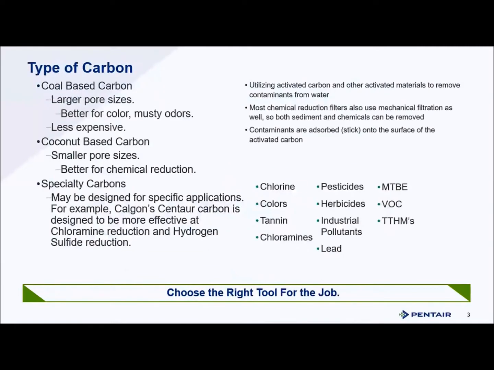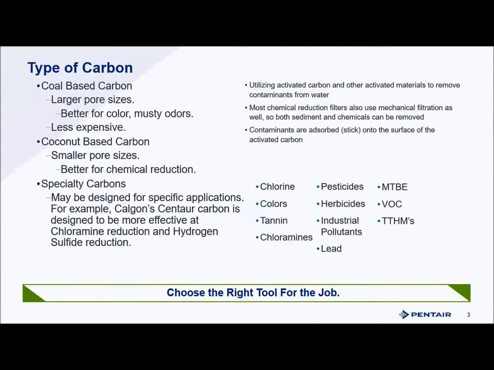There are lots of different types of carbon on the market, and the raw material that we form carbon from determines the properties it's going to have from a filtration perspective. Coal-based carbon tends to have larger pore sizes. This is better for color and musky odors, for large organic molecules in the water, and is less expensive.